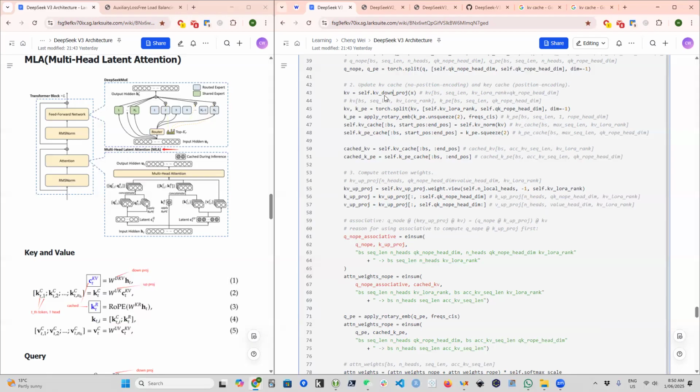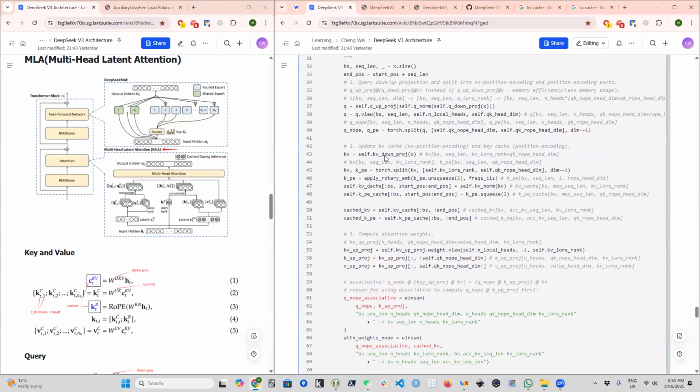It's caching before up projection, right? We are not caching multi-head version. We are caching the down projection, then apply a rotary position embedding. After we applied rotary position embedding, we cache the key. The value we just cache the down project version here. We cache it.